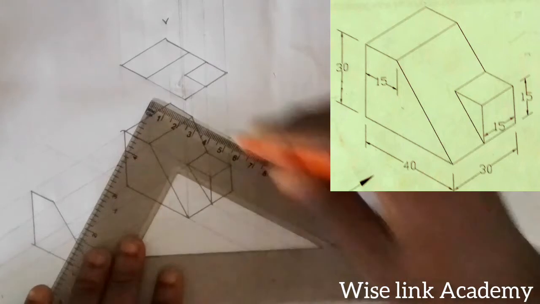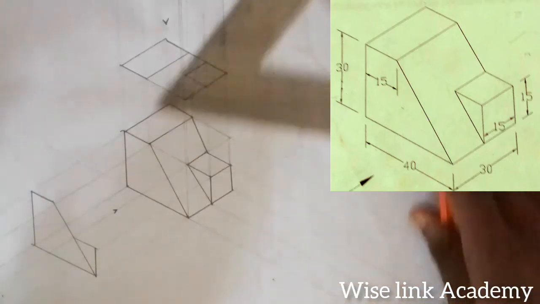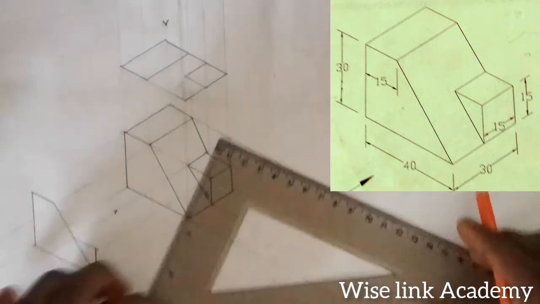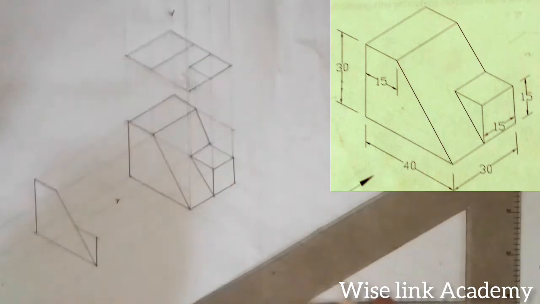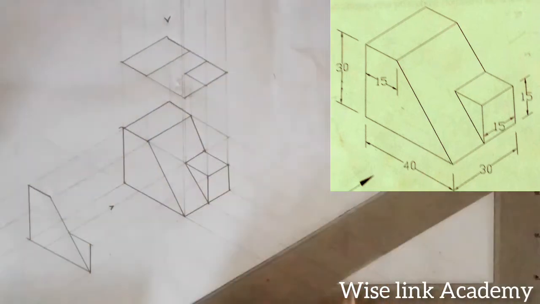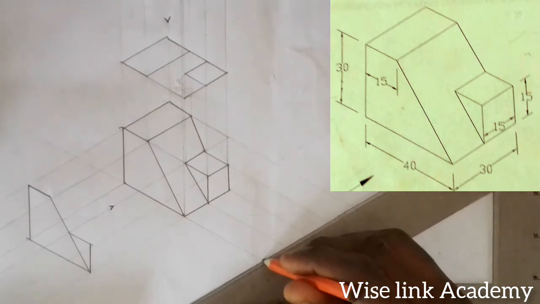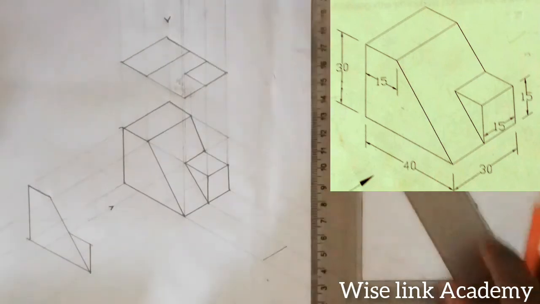This part too is there, take it outside. So after taking all the lines outside, what will I do first? I'll take it this way. This point here, you can see, take it this way, right? So I will take it this way.